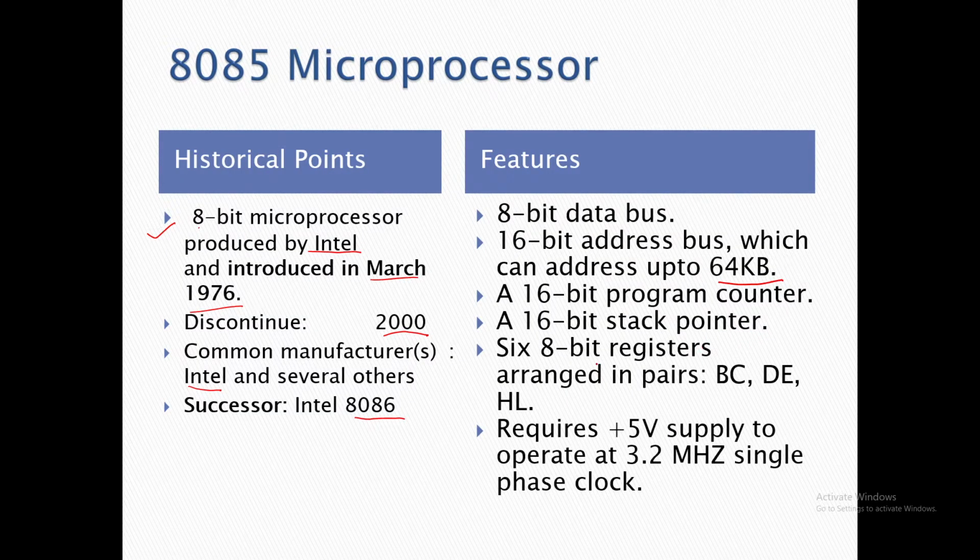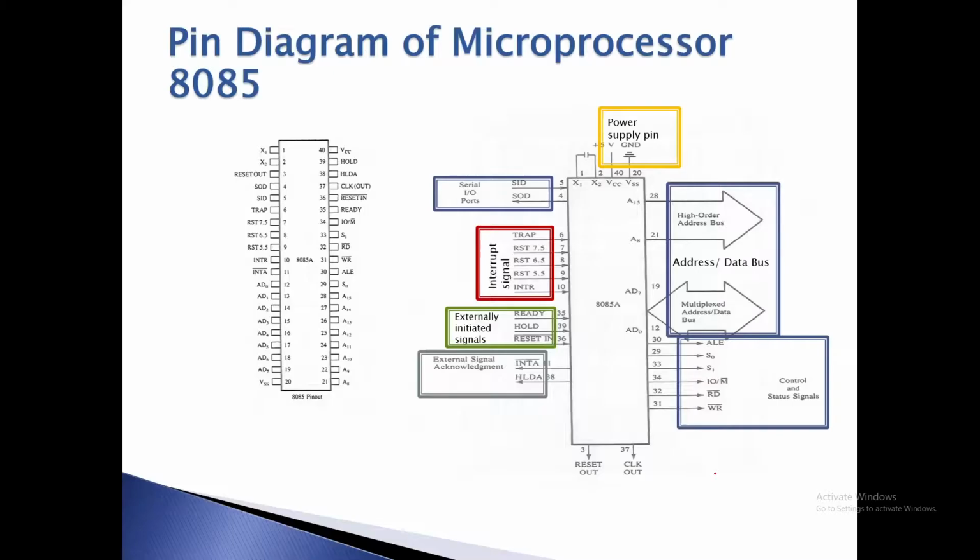Apart from this, it has six 8-bit registers, in pairs like BC, DE, HL, which work for the 8085 processing. It requires a 5-volt supply with a 3.2 MHz single phase clock.